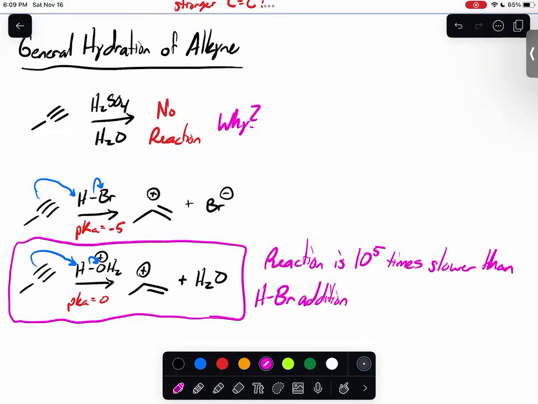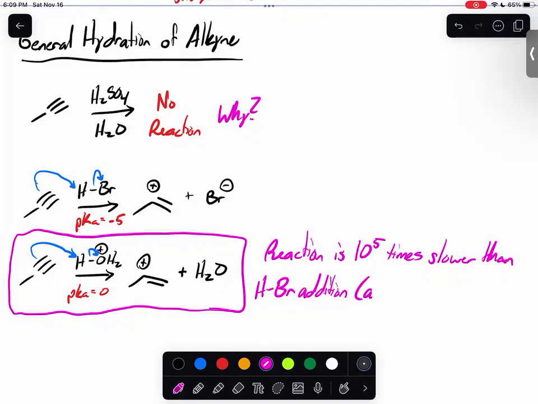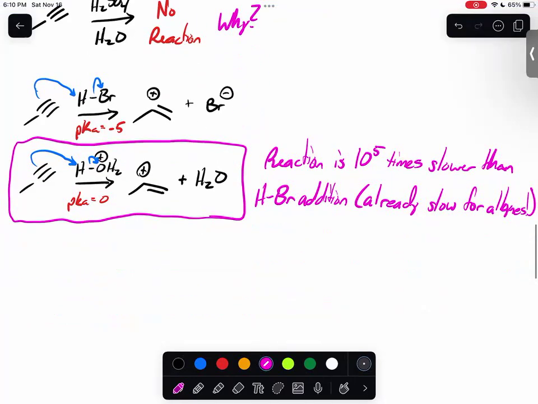And that 10 to the fifth is quite a large difference, because we have to remember that the HBr addition is already slow for alkynes. So in reality, we can't really use this H2SO4 water approach to do any of these reactions. Instead, we need to use other methods that don't generate this super unstable carbocation.